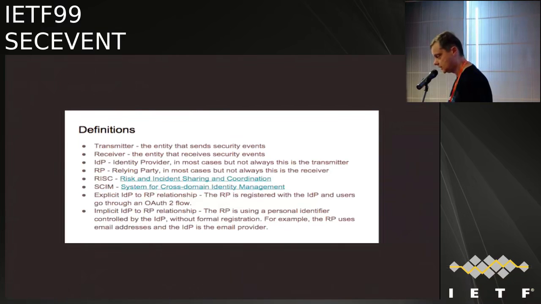So basically the IDP has an OAuth2 grant for the user and for the RP. The implicit case is when the RP is using an identifier like an email or phone number, and the IDP is the one controlling it. That identifier can be used in a recovery flow. So implicitly you have the IDP RP relationship. It's not explicit through some OAuth grants.